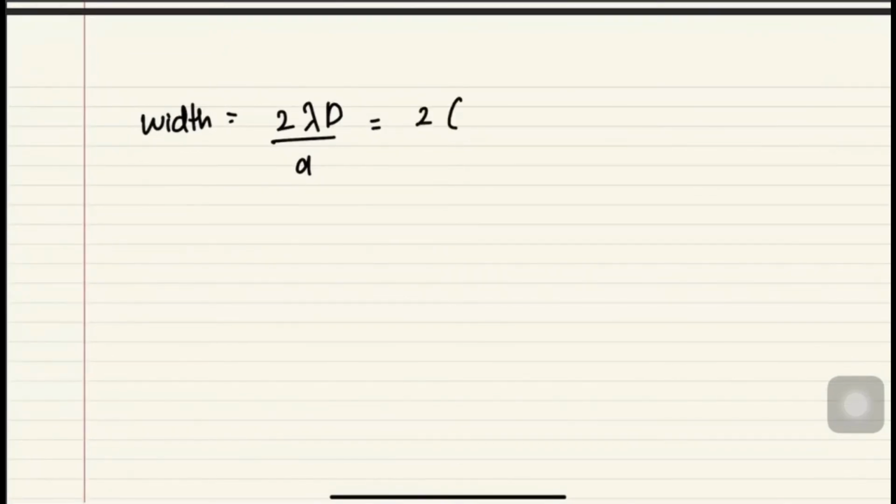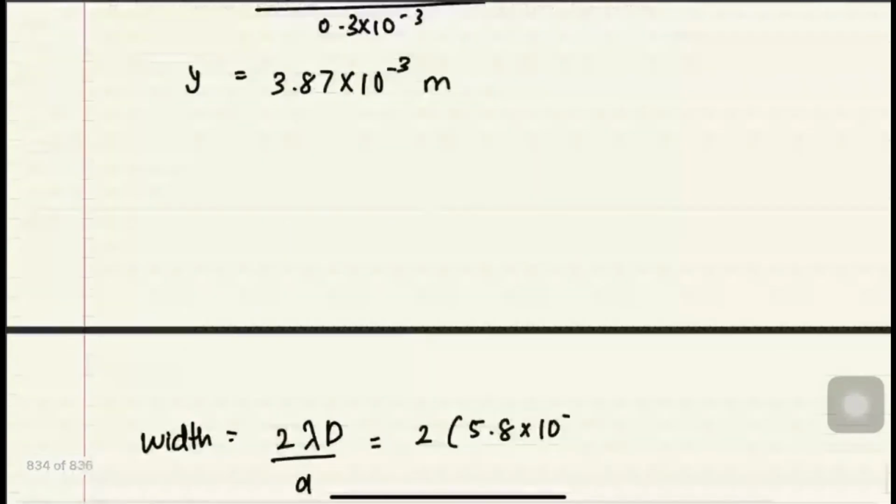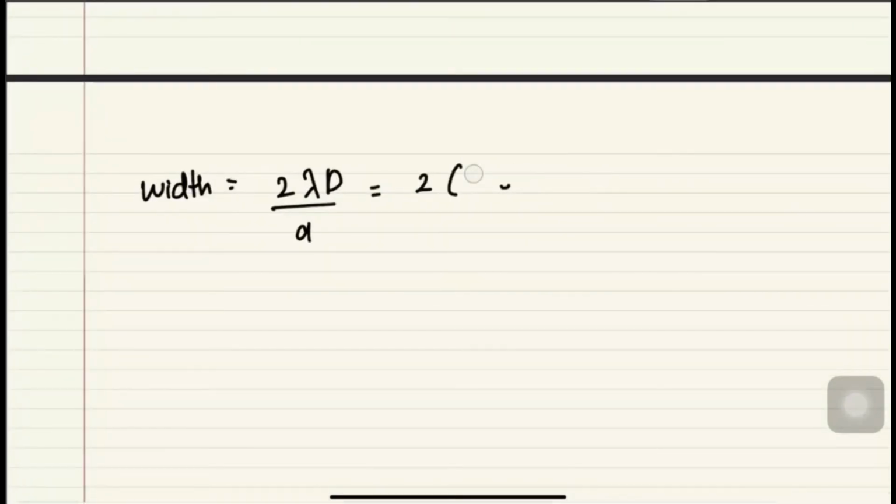2 lambda, 5.8 times 10 negative, lambda first 580, same thing. 580 nanometer.